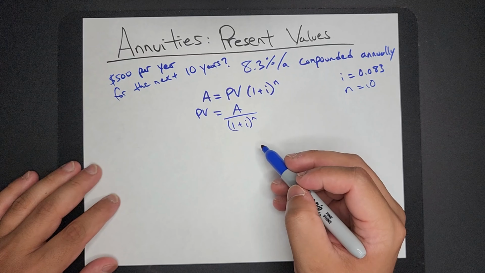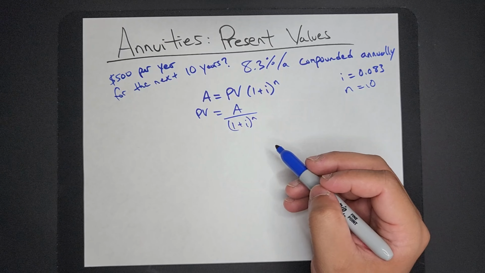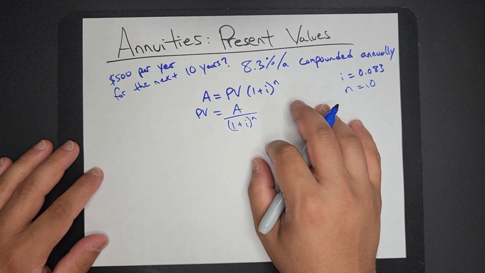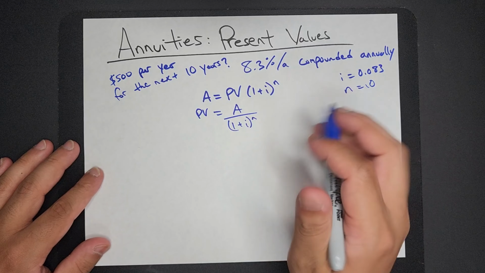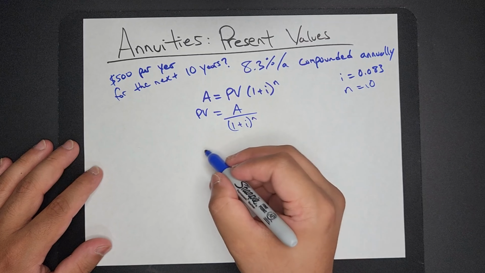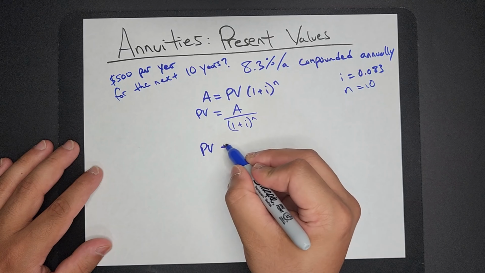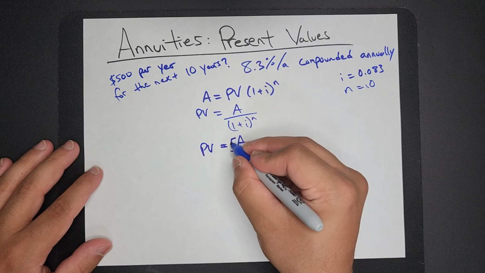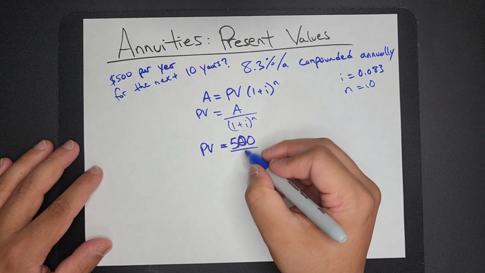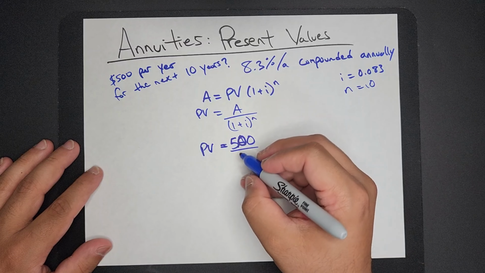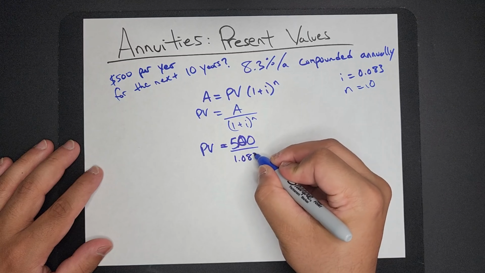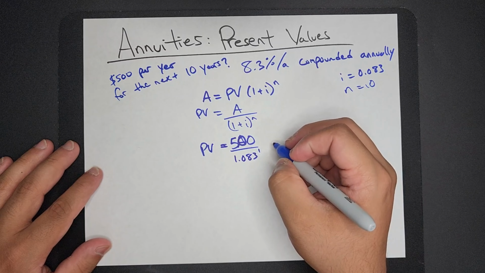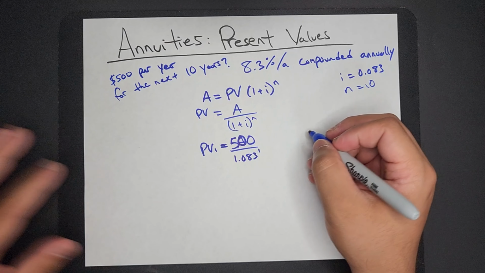So let's look at this. If you look at the end of the first year, PV is equal to $500 over 1.083 to the power of 1. That is PV1, end of first year.